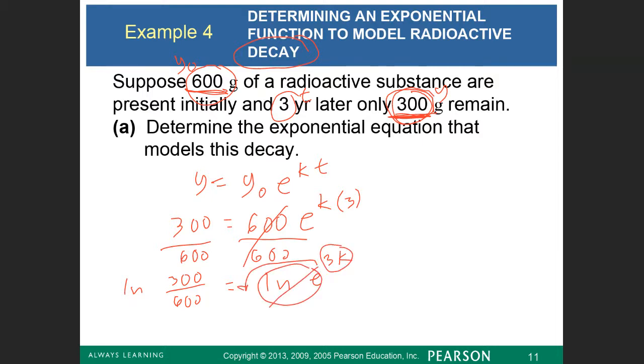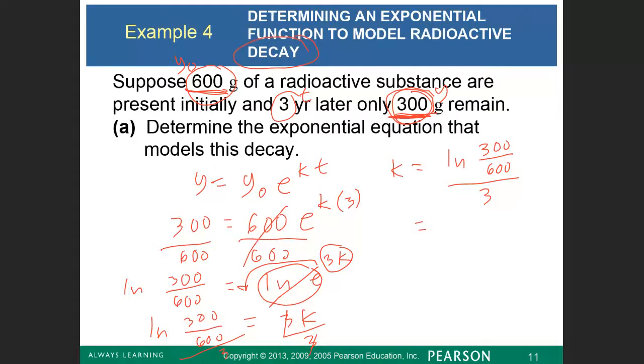So ln e is actually 1, that cancels out. So our answer is ln 300 over 600 equals 3k. And then we divide by 3 on both sides to eliminate the 3. So k is equal to ln 300 divided by 600, divided by 3.